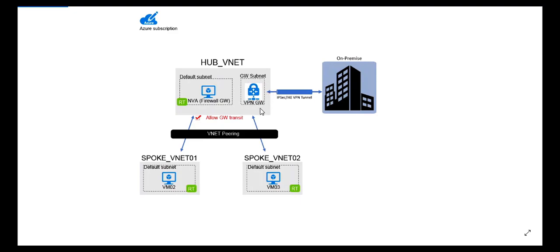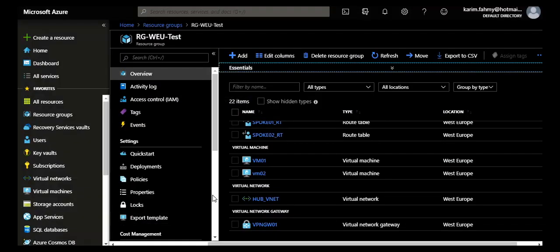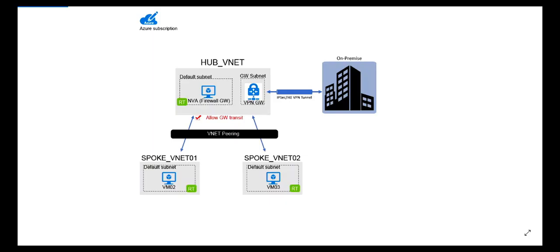Microsoft doesn't give you the internal VPN gateway, and the surprise here is that it was available earlier. So it was available previously so you could create a virtual machine inside this subnet, although Microsoft said do not create and do not do anything inside this subnet.